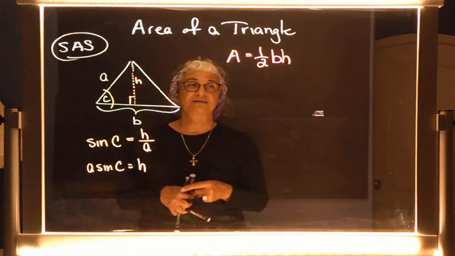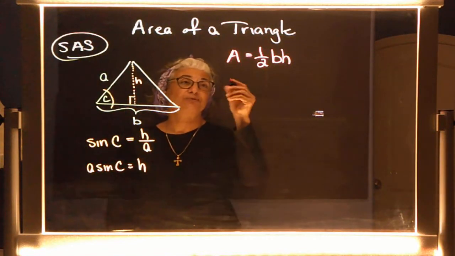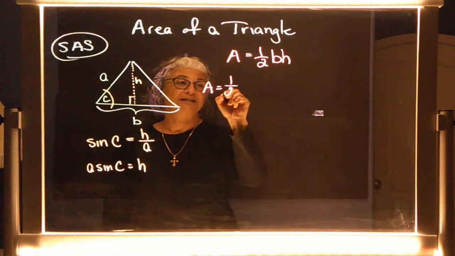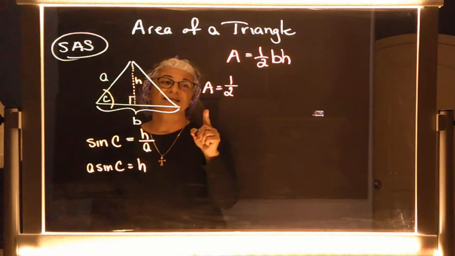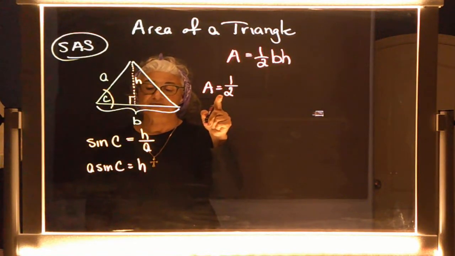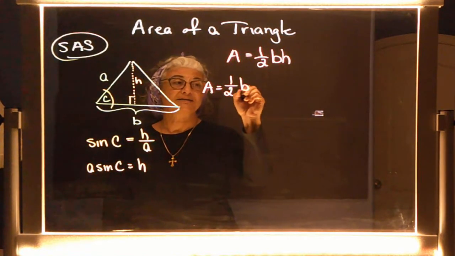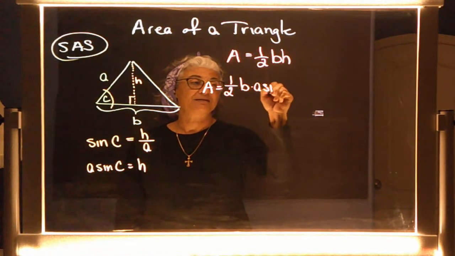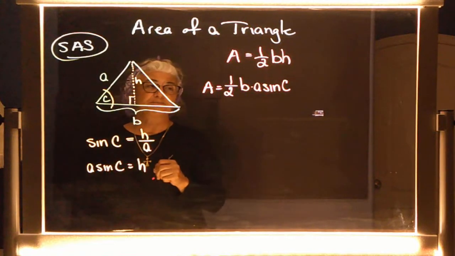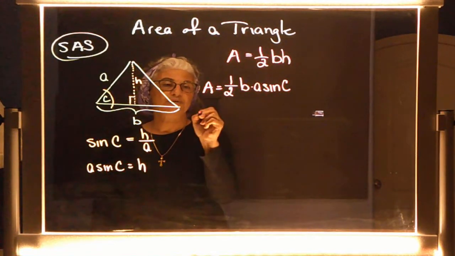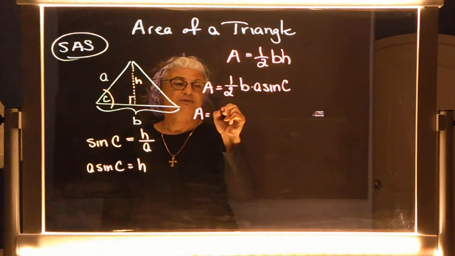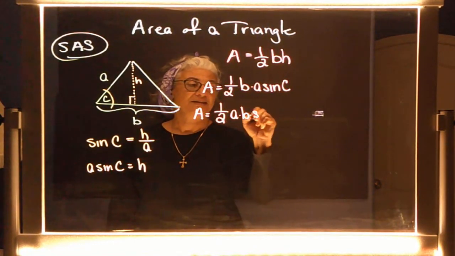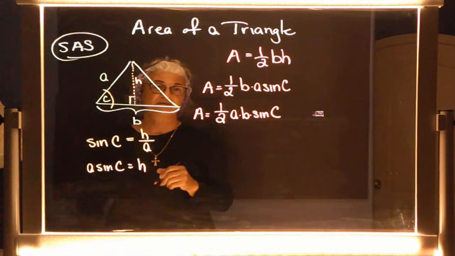Which means I can actually take this formula and rewrite it and say, to find the area of a triangle, I'm going to take 1/2 multiplied by the base and multiplied by A times the sine of angle C. Let me just rewrite this a little bit. This would be 1/2 times A times B times the sine of angle C.